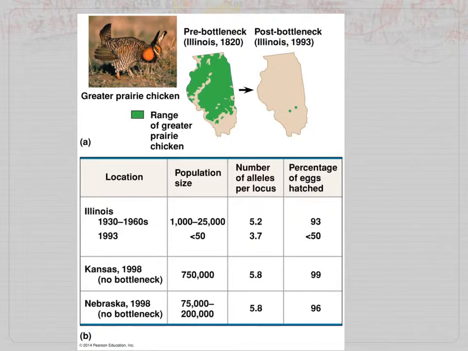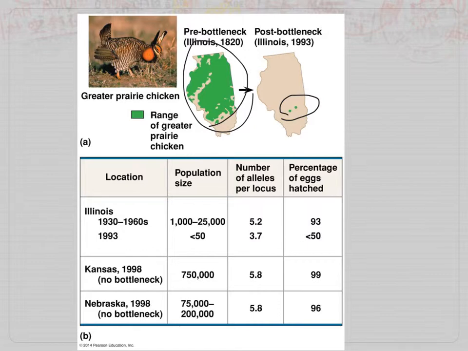This also happened with the Illinois greater prairie chicken, where we took away a lot of their environment, and so they went through a bottleneck. You can see by the green area where all of the prairie chickens were before the bottleneck, and because we took away all their habitats, now they only have these 2 little areas back in 1993.